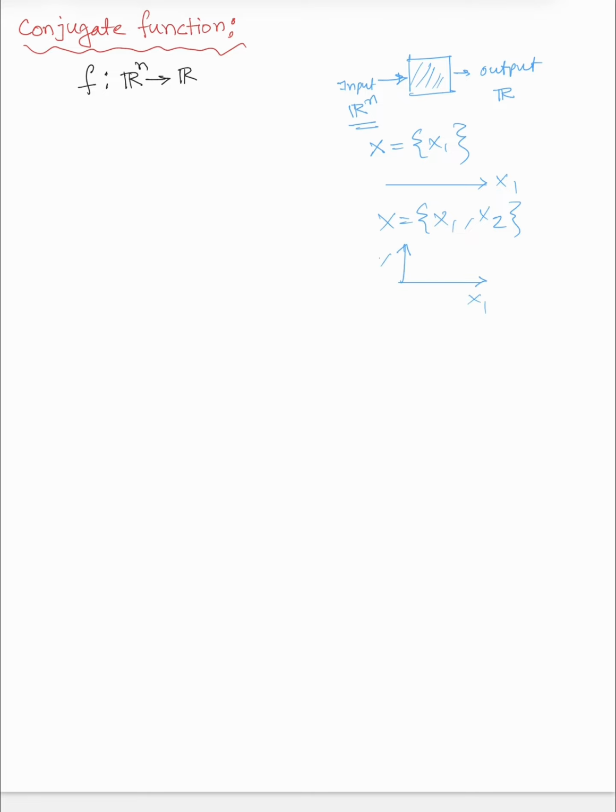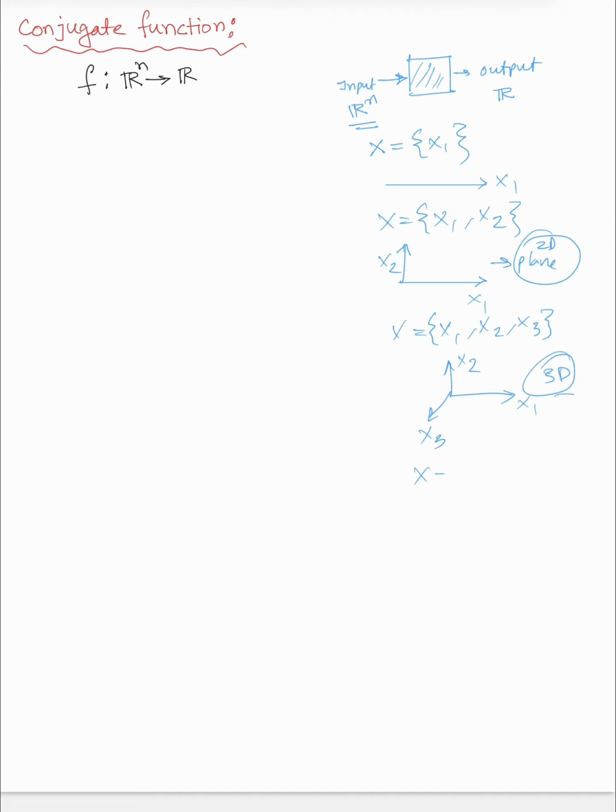So this is x1, this is x2. So x is going to be a 2D plane, basically. And say if x equals x1, x2, x3, then definitely this is going to be three-dimensional. That's 3D.